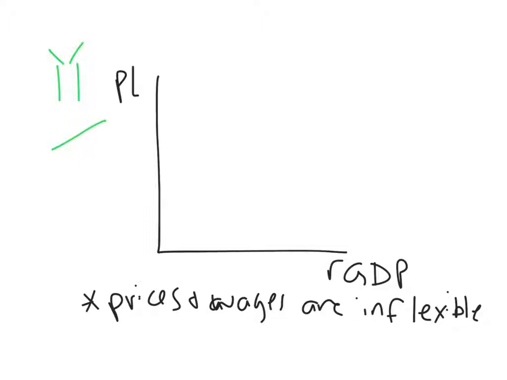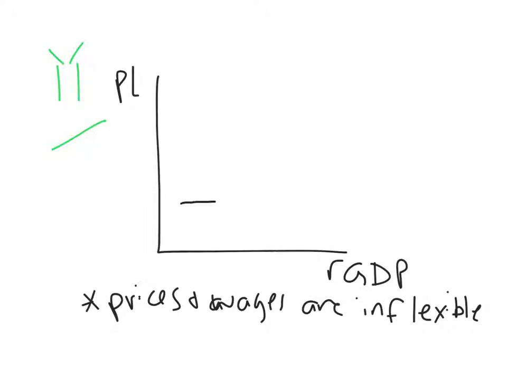So as we move along the curve, as I draw this in, we're going to be looking at these low levels of output. As GDP is low, we're going to have high unemployment because those have an inverse relationship: low GDP, high unemployment. We're going to notice that the price level is going to stay the same because shop owners don't really want to lower prices.